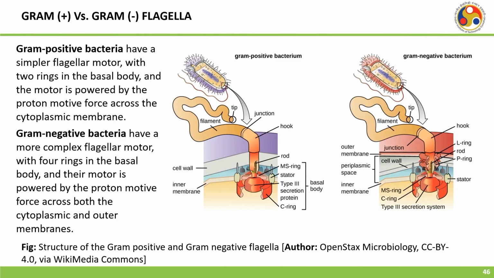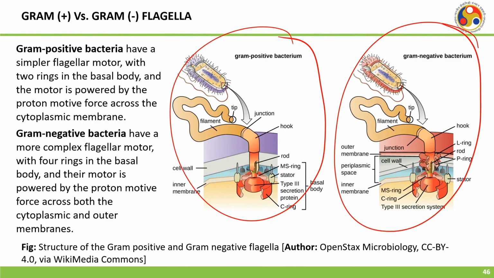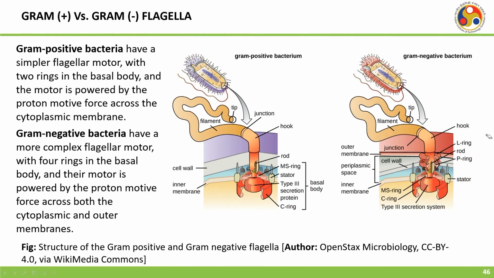However, there are differences in the gram-positive and gram-negative flagella structure. The gram-positive bacterium flagellum you can see here, and the gram-negative flagellum structure you can see here. If you look into it keenly, you can see many differences, which we will now simply sum up.